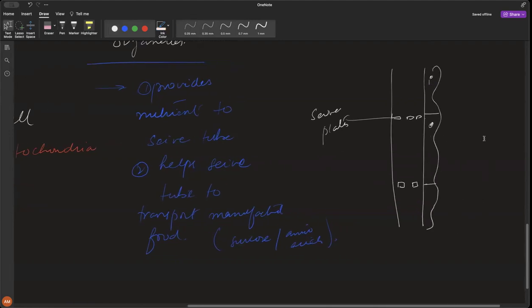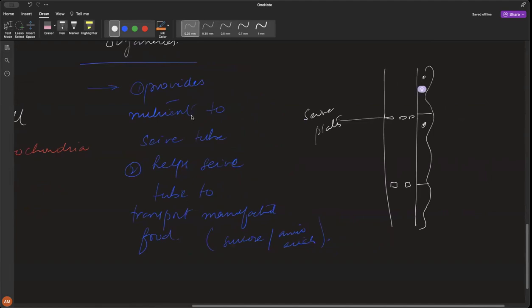You can just say that there's only cytoplasm basically in the sieve tube. Is that clear? Written?